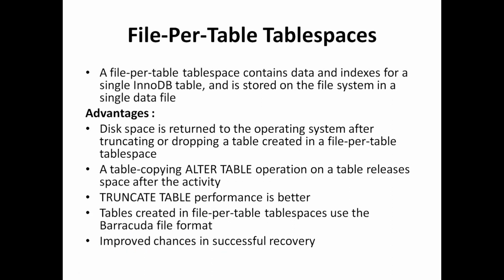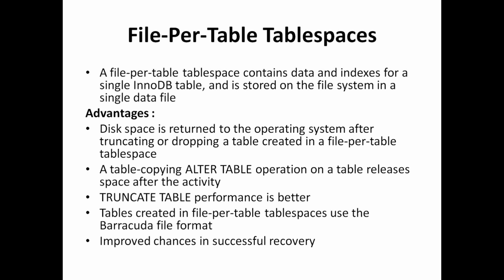Next comes file per table tablespaces. A file per table tablespace contains data and indexes for a single InnoDB table and is stored on the file system in a single data file.